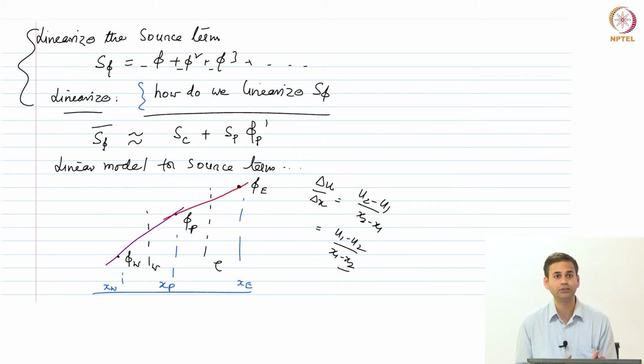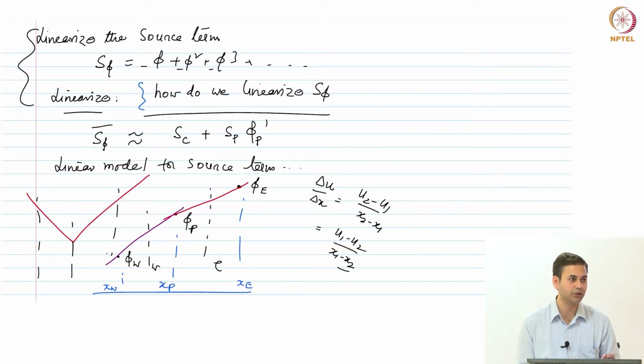You cannot change the points, one for the numerator, one for the denominator. That's what we are doing. So it need not increase this way. Your variation of phi could even go this way, in any way. The definition remains the same. What I have drawn here is for different locations, phi west, phi p and phi east. It could even be this way. You can check that later after the class.